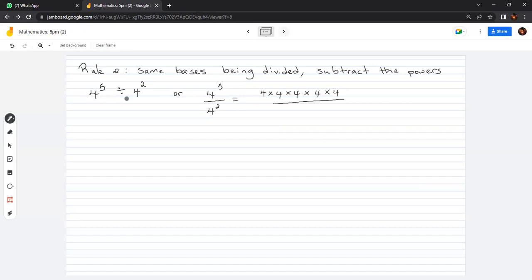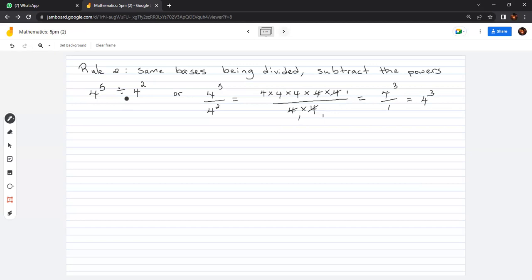And then 4 to the power of 2, or 4 squared, is the same as 4 by 4. Now, with respect to fractions, we could cancel both top and bottom once we have common factors. So we'll be left with 4 by 4 by 4, which is the same as 4 to the power of 3.